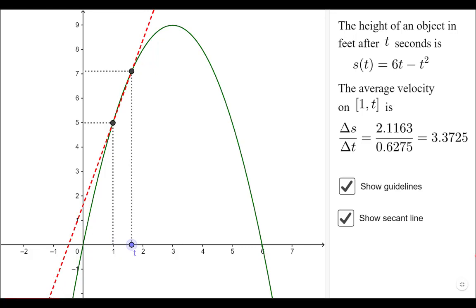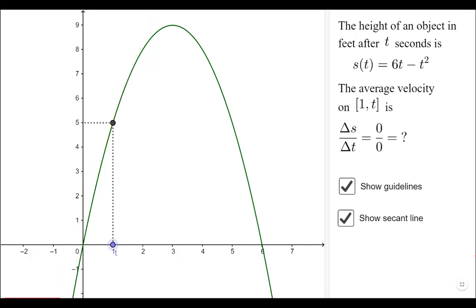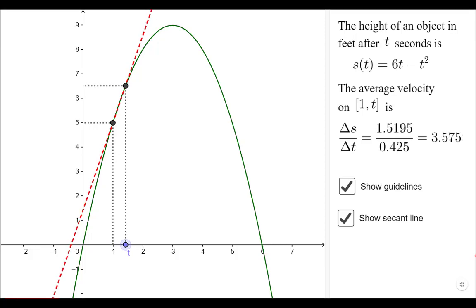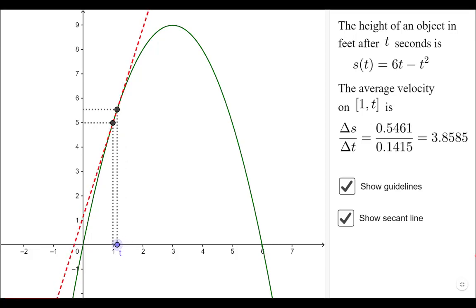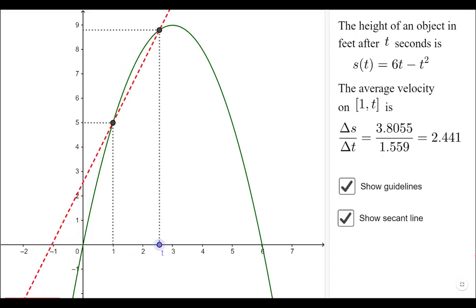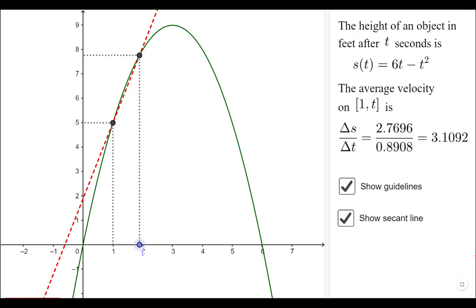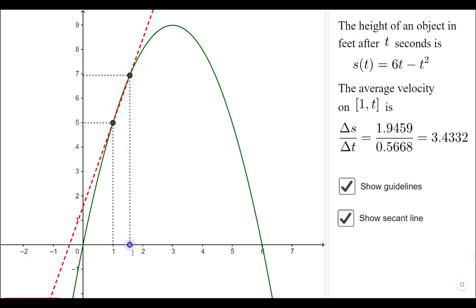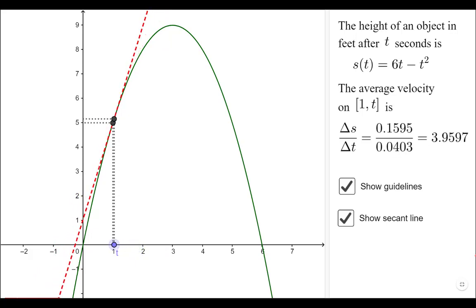Now, unfortunately, I can't let t actually equal 1, because then I'd have 0 over 0, and everything disappears. So my goal is to figure out, as t approaches 1, what does that number become? And this secant line, here's kind of the real key. It's a secant line because it really does go through 2 points. That secant line turns into a tangent line.